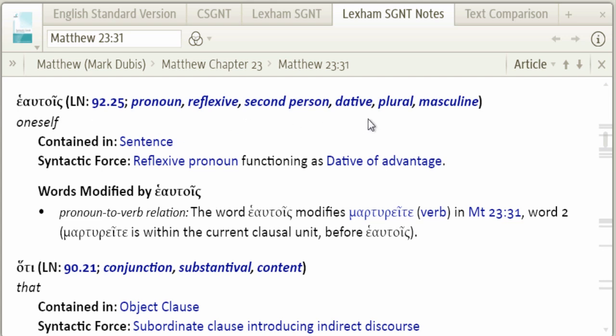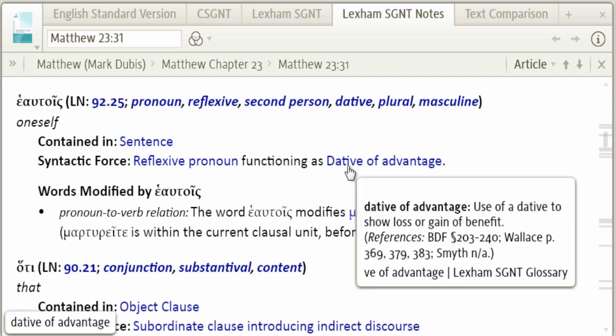We can see that it's in the dative case, and the syntactic force is that of advantage. In this context, this dative expresses the show of loss or the gain of benefit. Now you'll have to be aware that in this database, the dative of advantage encompasses both loss and benefit. So in looking over passages, let context be your guide.